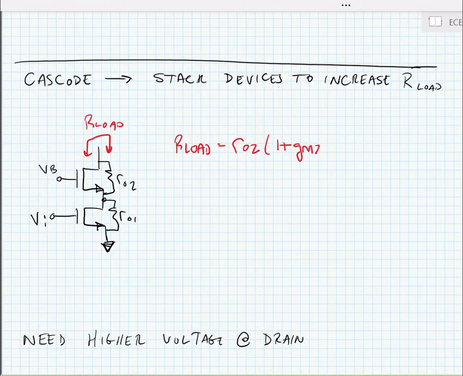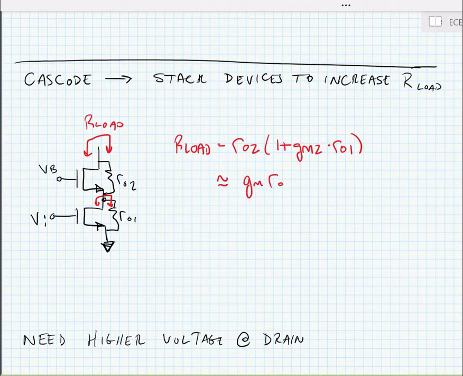If we look down at the load resistance, looking into the drain of the upper device, we would find that our load is equal to RO2 times 1 plus GM2 times RO1. Now we get this from the inspection analysis sheet, where the resistance looking down in the source of the upper transistor is the RO1, and that's how this formula arises.